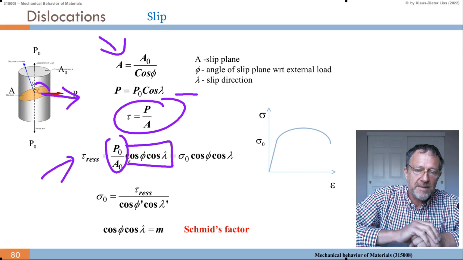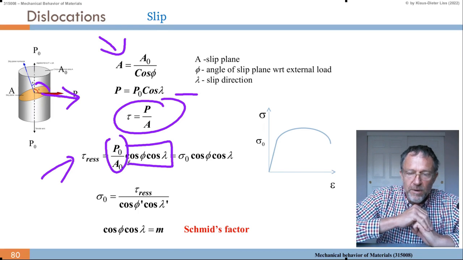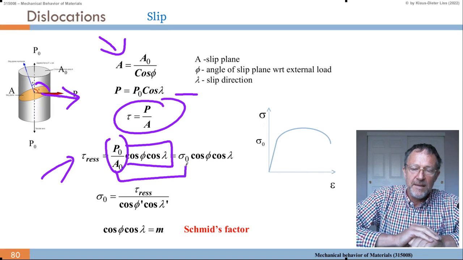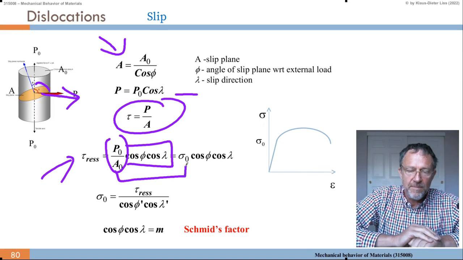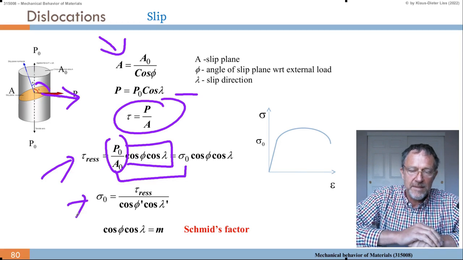Here the formulas are written nicer: sigma 0 times cos phi cos lambda, or sigma 0 equals critical resolved shear stress divided by the cosines.